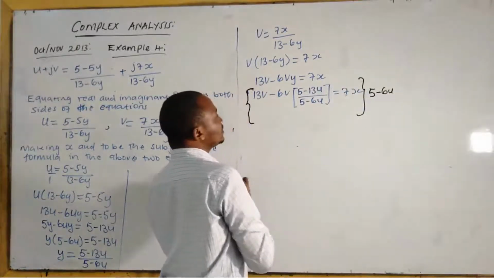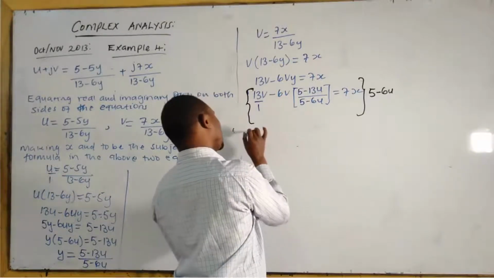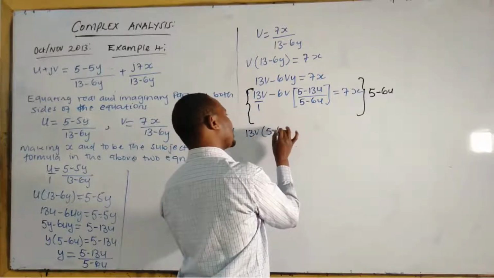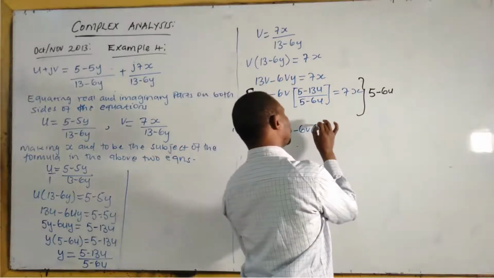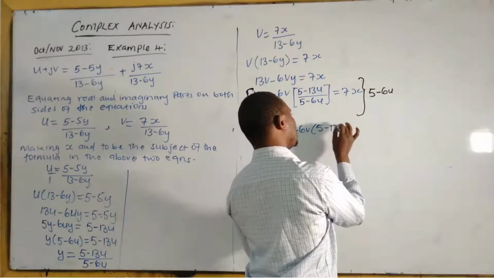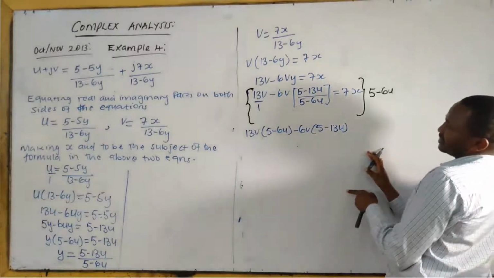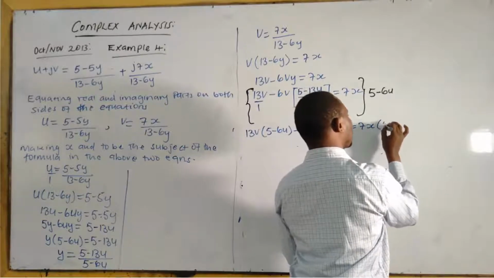So it will be, here is over 1, no? It will be 13v into bracket 5 minus 6u, minus 6v into bracket 5 minus 13u, is equal to 7x into bracket 5 minus 6u.